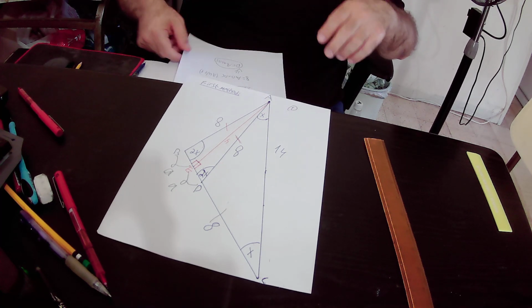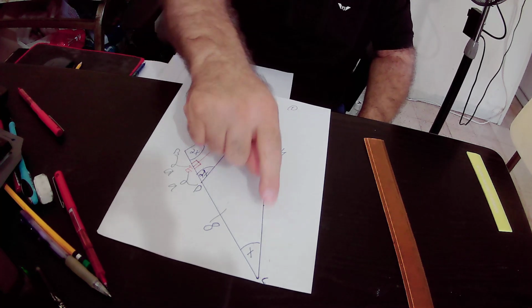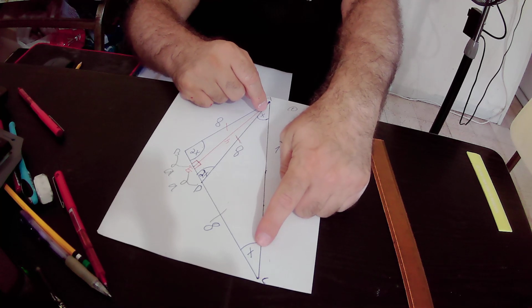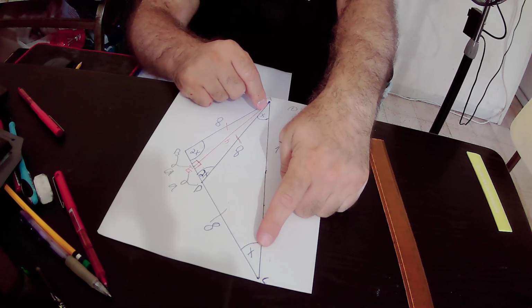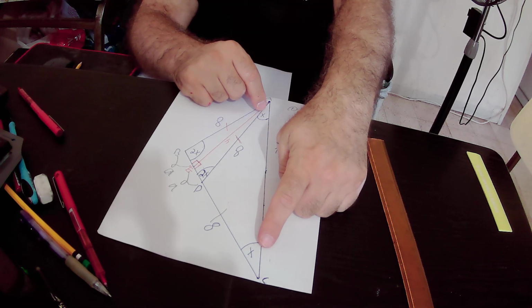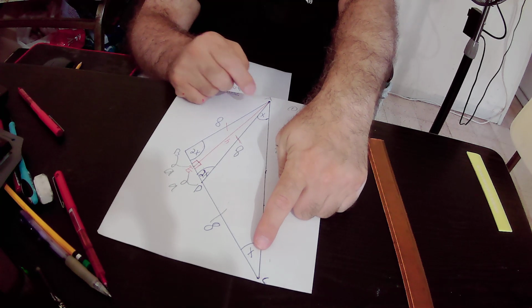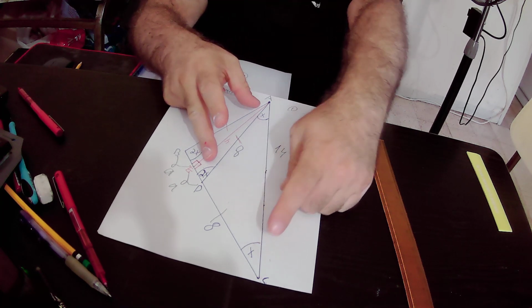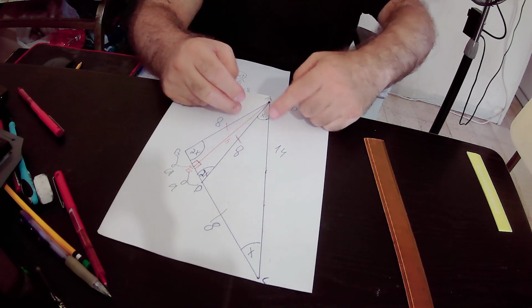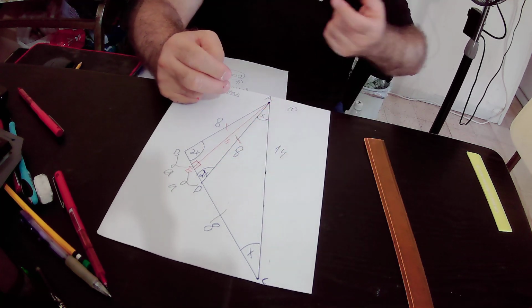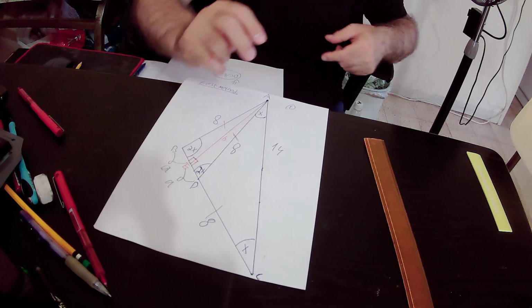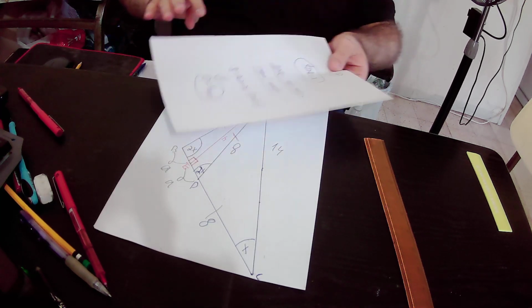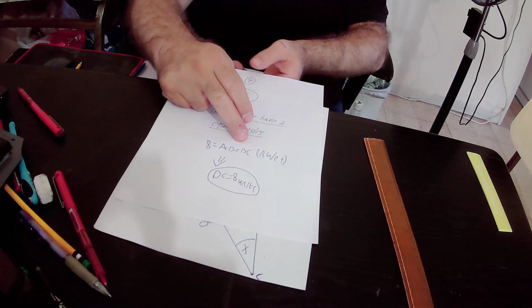So in triangle ADC we have two equal angles, and according to rule number 1, in front of equal angles we have equal sides. This angle x is in front of AD, and this angle x is in front of DC. So according to rule number 1, AD equals DC.